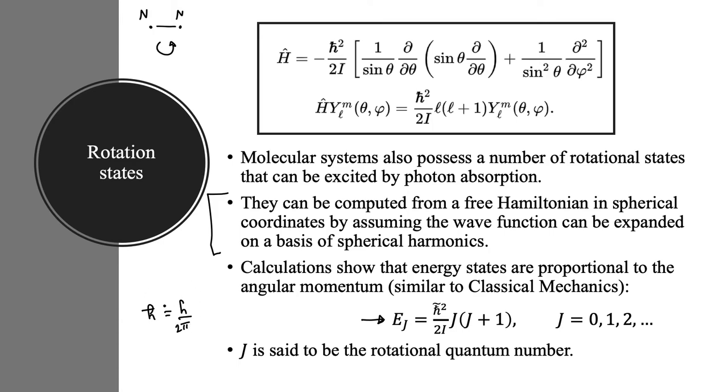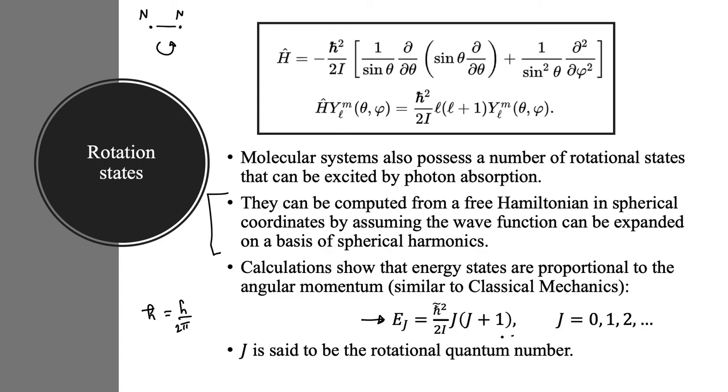The reason for doing this is that very often there's always a 2π, and in order to be a little bit cheap, people say, let's just write h bar, h cut. It's not actually an h bar, it's really just an h cut. So it's proportional to the square of Planck's constant divided by the moment of inertia of the molecule.